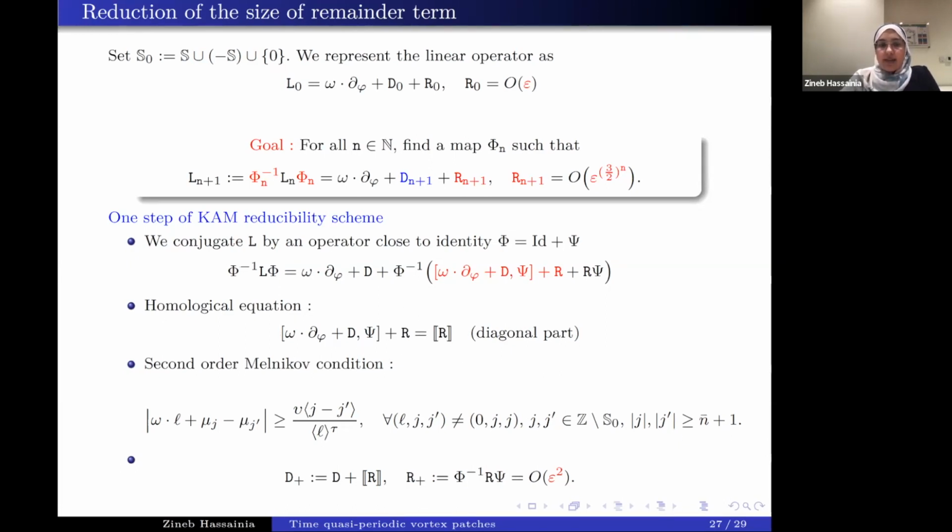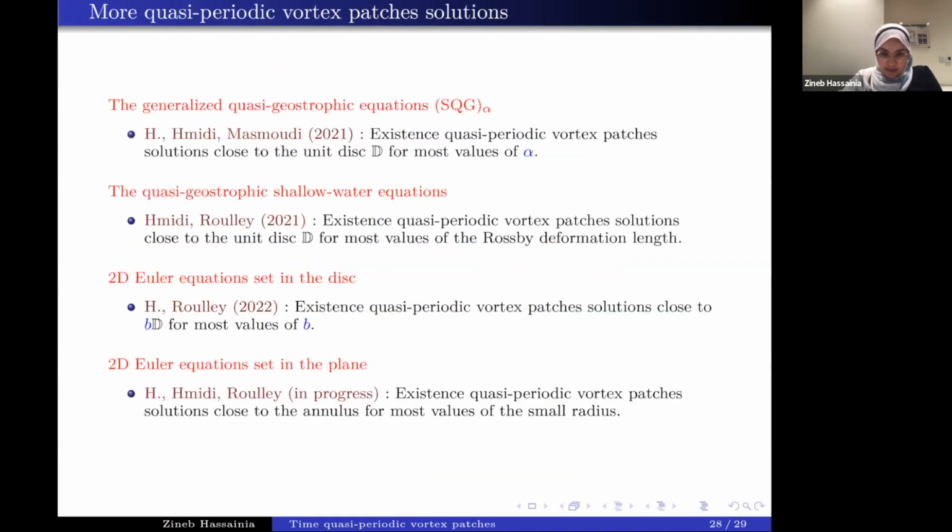And under a second order Melnikov condition on the eigenvalues, we can prove that this is invertible, and the new diagonal part is the previous one plus the diagonal part of R, and the new remainder is of smaller size. In this way, we completely straighten the linearized operator, and we can invert it and apply a Nash-Moser scheme.